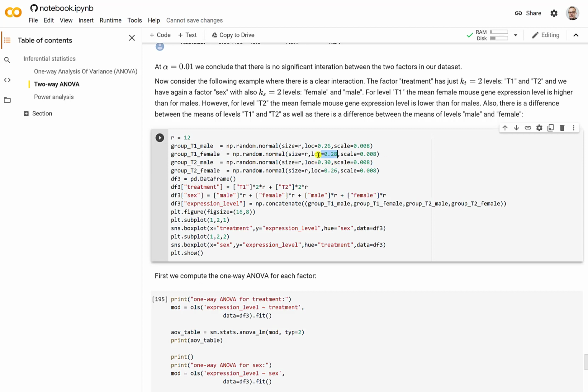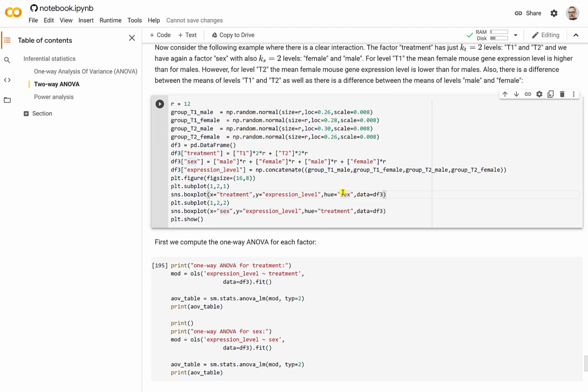So we can see that in this case females typically have a higher expression level than males. So for treatment 2, what I'm doing here is I'm sampling or drawing from a population that has a mean of 0.3 for males and 0.26 for females. So in this case, males have higher expression level. Okay, but of course it's very clear that for all the combinations here, we have very different population means. Okay, maybe not this one.